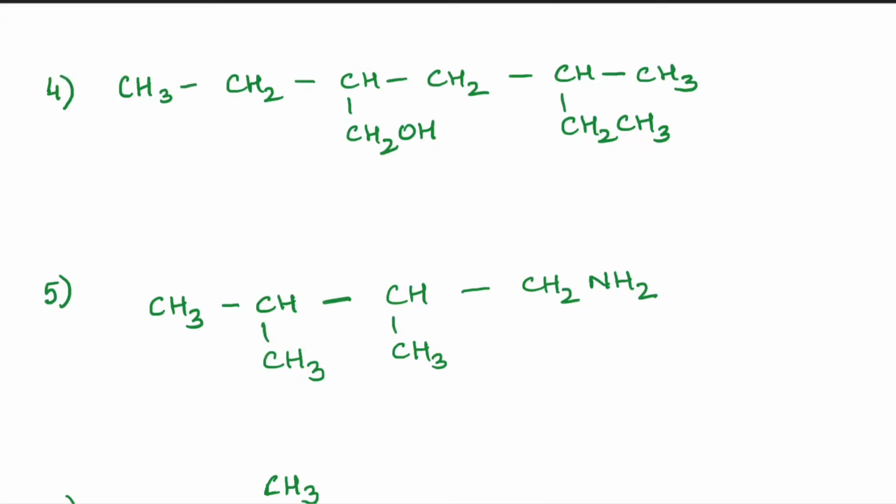Now in the 4th one, I could have the chain as 1, 2, 3, 4, 5, 6, 7. This becomes my longest continuous chain, right? But what are we ignoring over here? We are ignoring the CH2OH, which we cannot at any cost. That has to come in the chain.